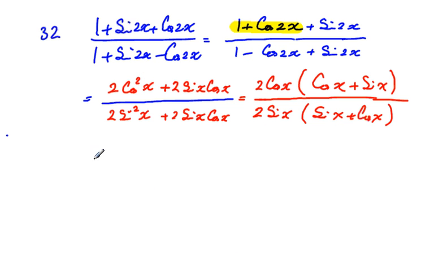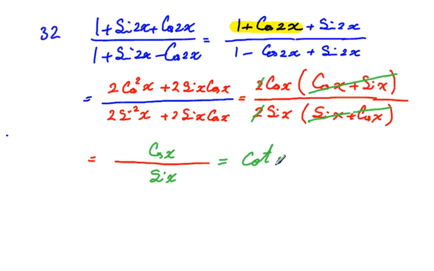Now what happens? Everybody sees these are the same, just written in opposite order. So I'm left with cosine x over sine x. What is that? So this little guy was hidden under this big look.